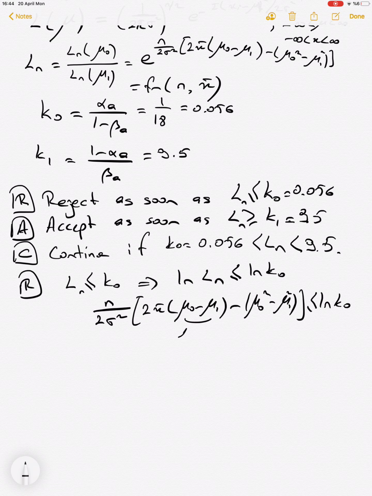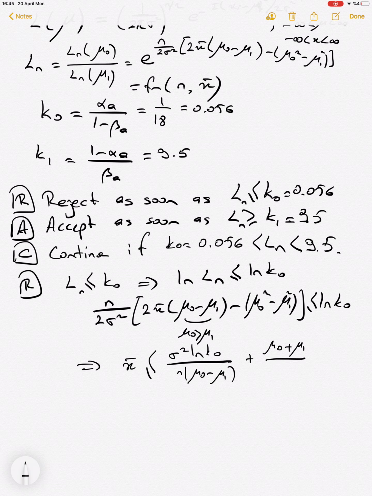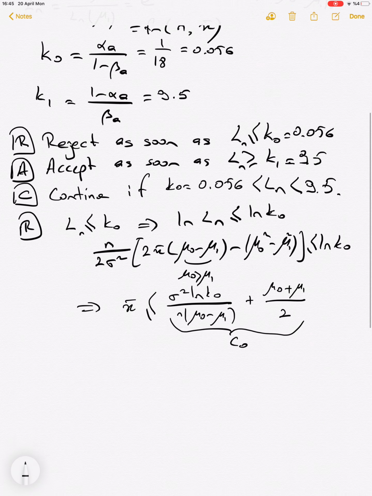So when mu 0 is greater than mu 1, this is positive, so we don't have to change the direction. Then this means that we have x bar less than or equal to sigma squared ln k0 divided by n times mu0 minus mu1, plus mu0 plus mu1 over 2, which is our c sub 0, numerically calculated.